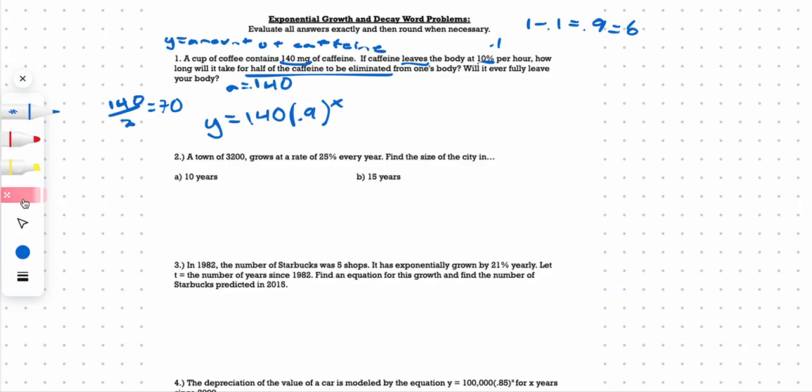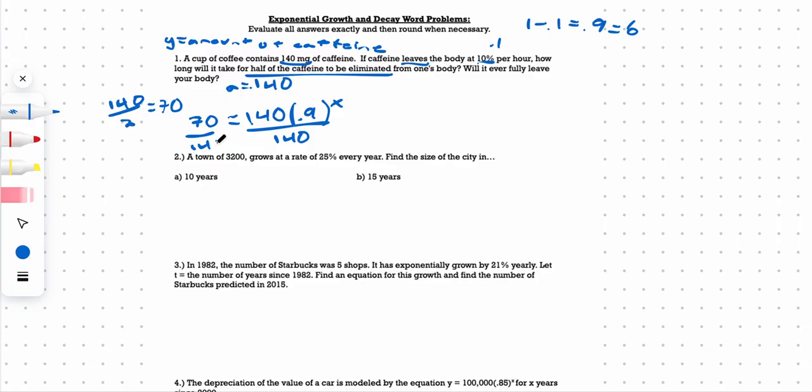Now, remember how I said y was the amount of caffeine, and we're trying to find when the amount of caffeine is equal to 70 milligrams? Well, we can just plug that in for y. So we can put 70 in for y here and now we can just solve for x. First thing I'm going to do is divide both sides by 140.